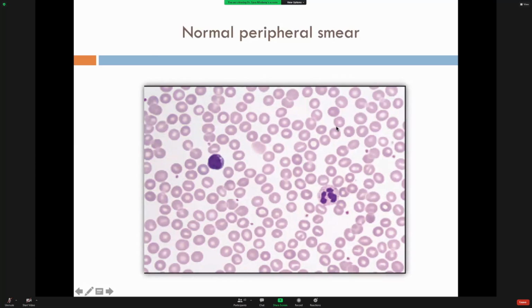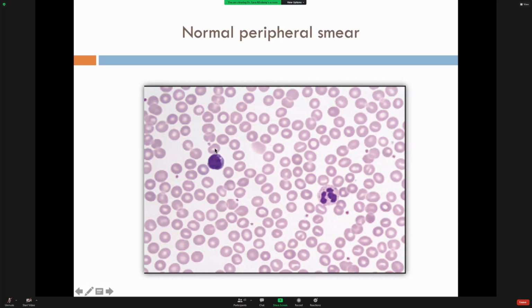Normal distribution of red blood cells, there is a space in between each other. There is no polychromasia. There are a few platelets distributed, if you can see them, and also leukocytes. This is a lymphocyte, and this is a segmented neutrophil. You can see it, segmented neutrophils.